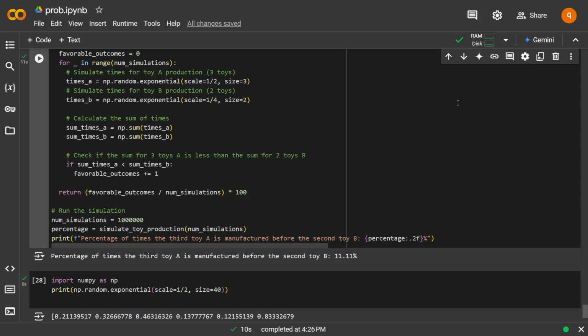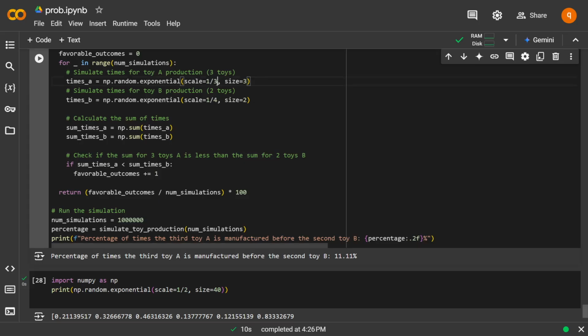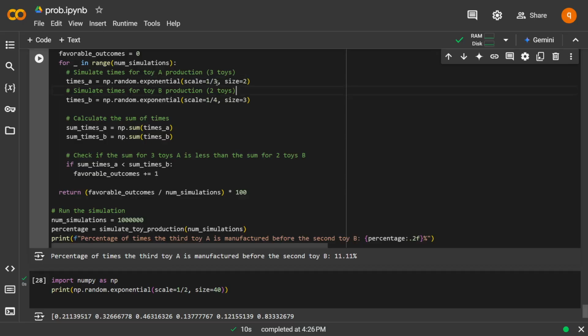So I think we should start. The scale for this is 1 by 3 and the scale for this is 1 by 4, and we are interested in getting 3 of the second before 2 of the first.